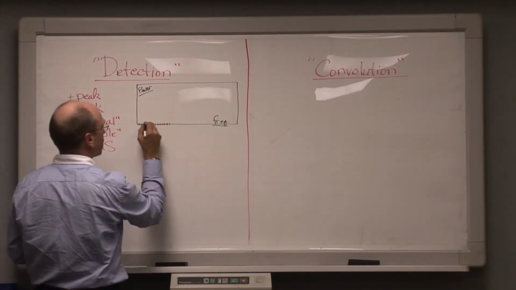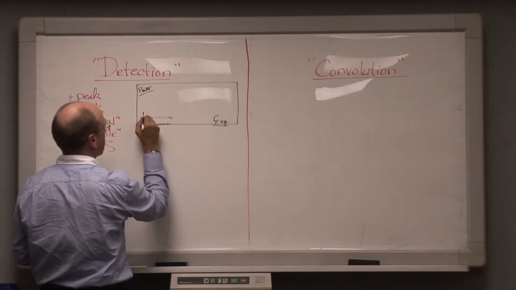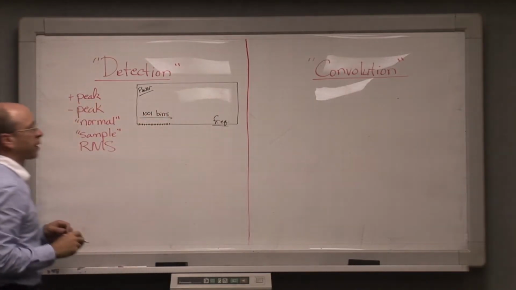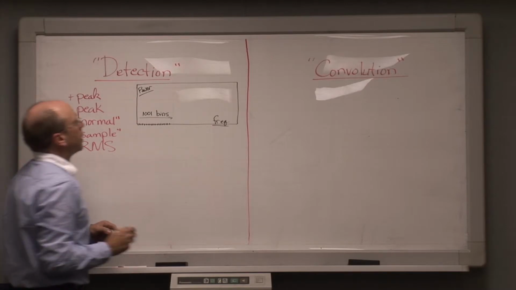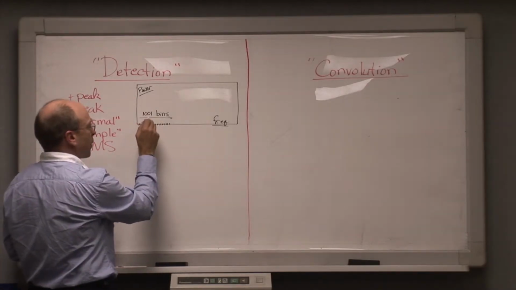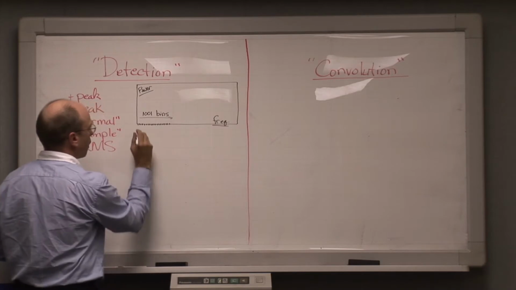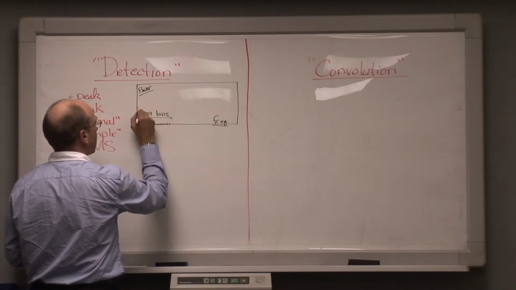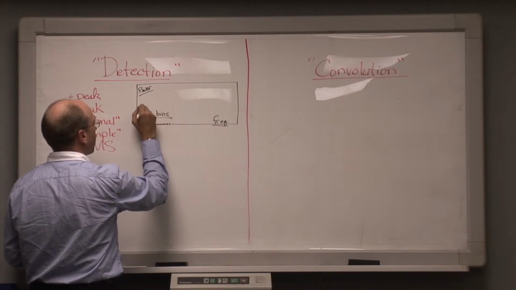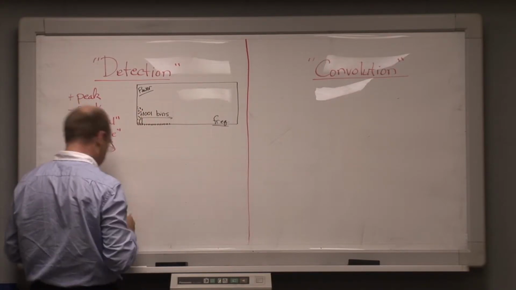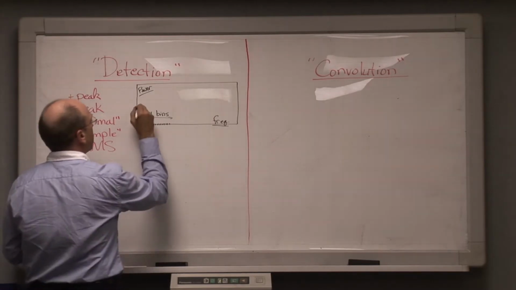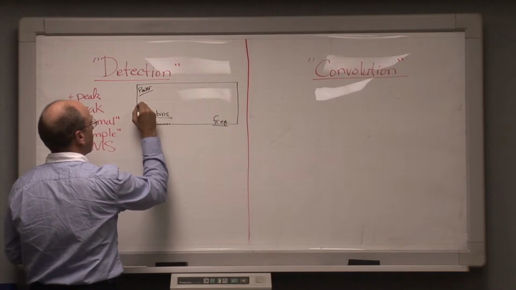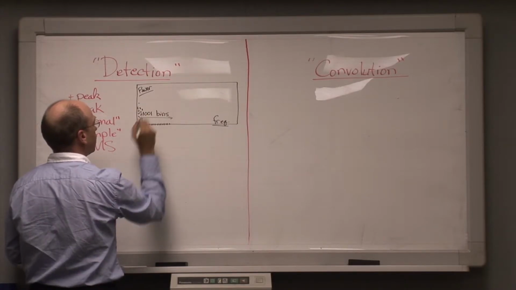Now, a typical number of display bins is 1001 in some classic spectrum analyzer designs. This is sometimes an operator selectable parameter and sometimes locked into hardware, but the point is that any time that we're displaying power on a spectrum analyzer, we're going to display the power in a series of these bins, and these will be the power levels. This is the power level for bin number 1. This is the power level for bin number 2.